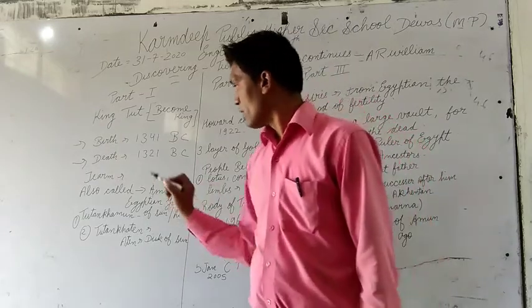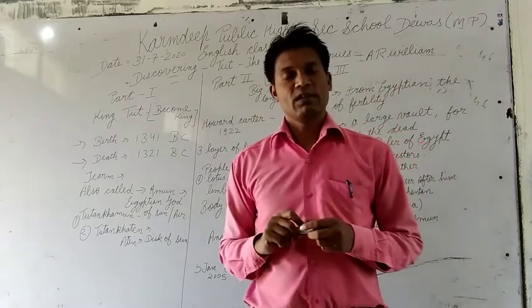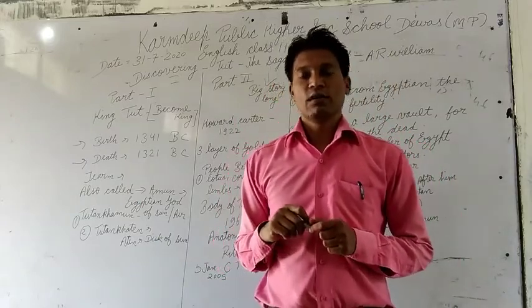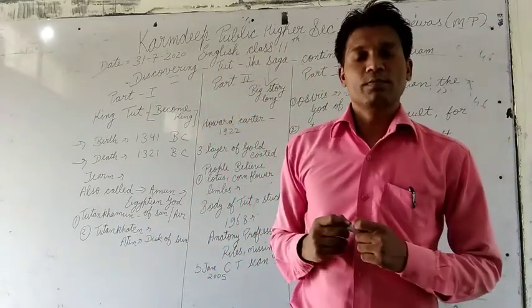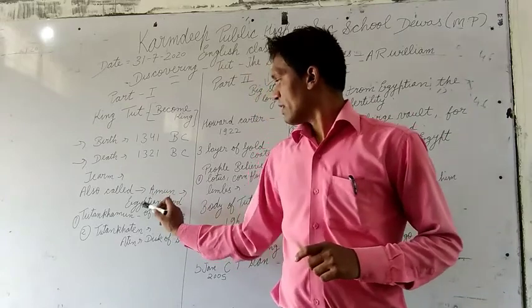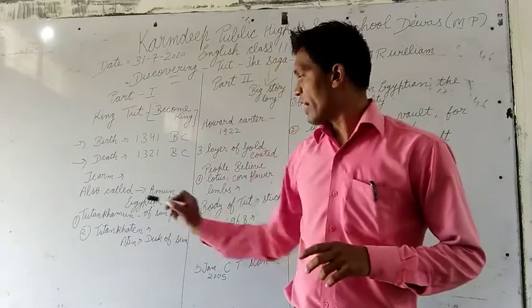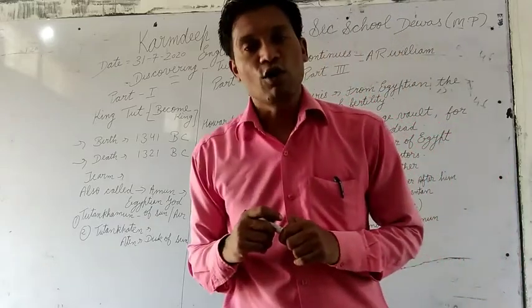Now see, the king was given the name Tutankhamun, which means, from the Egyptian god Amun, a sun god.